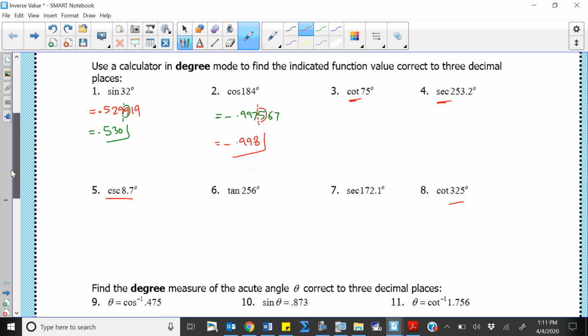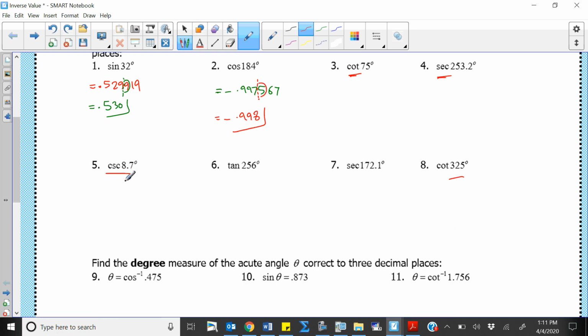Let's work on number 5, cosecant. We know that cosecant is basically 1 over sine. So instead of writing cosecant, I'm going to write 1 over sine of 8.7.